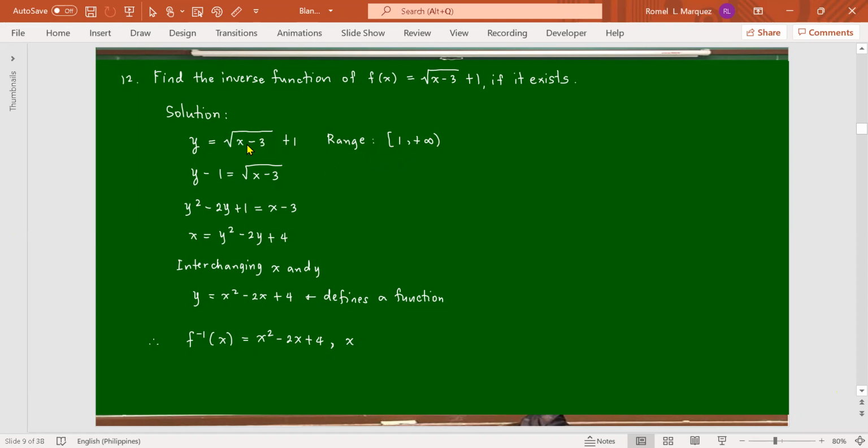And then as x increases, the value of this increases. So from 1 to positive infinity. And therefore, x is greater than or equal to 1. Remember, the range of the original function is the domain of its inverse, if the inverse exists. So this is the inverse.